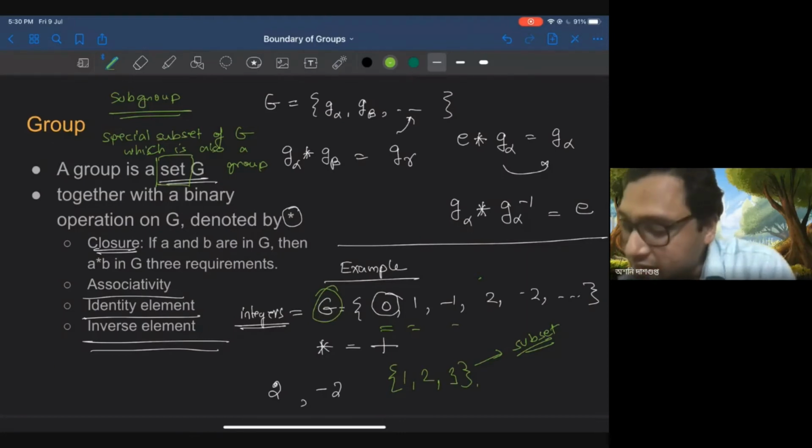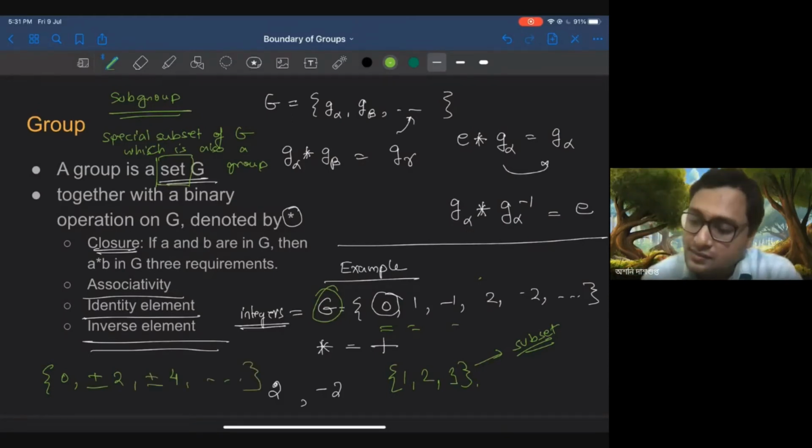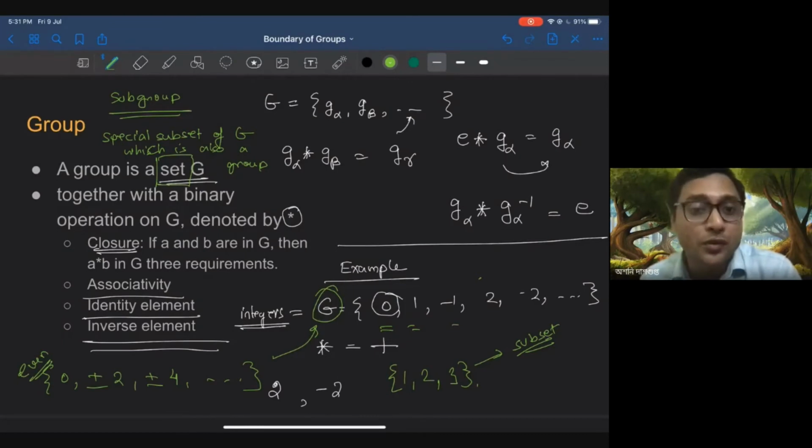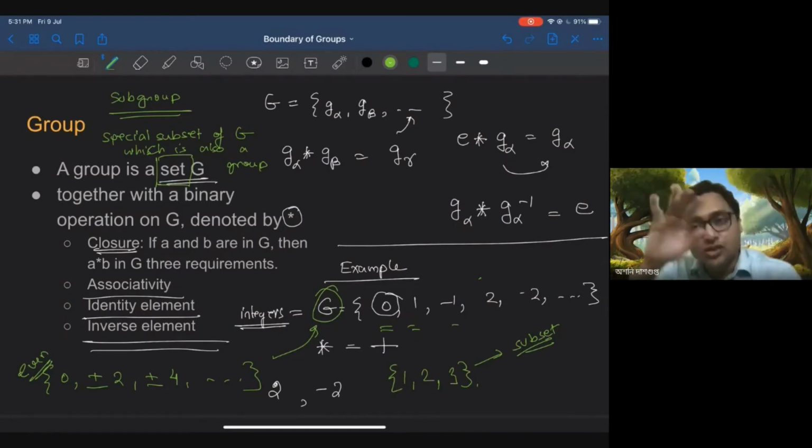But if I take 0, plus minus 2, plus minus 4, and so on, the even numbers, that is a subset of G, but it is also a subgroup of G. So you have to keep in mind a notion of a group and a notion of a subgroup.